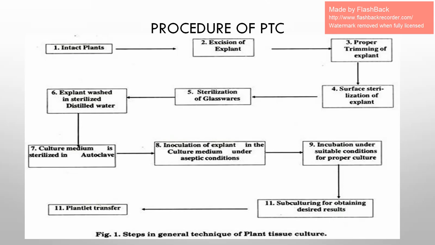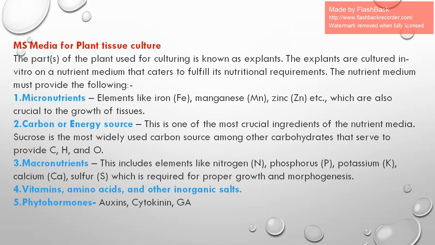Acclimatization is the process in which we grow the plantlets in soil, but under certain controlled conditions before transferring them into the harsh conditions present in the field. So these are some general steps or techniques involved in plant tissue culture.